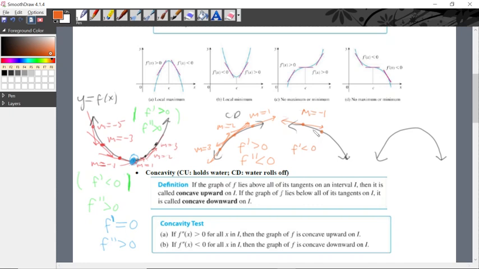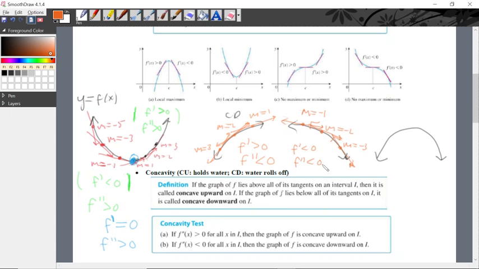And then if we move out further along to the right, the slope of the tangent line is more negative. It is decreasing at a faster rate. So let's say m is equal to negative 2. And move out even further, it gets even more steep. So here we have m is equal to negative 3. So the first derivative is decreasing again. That is, the rate of change of the first derivative is negative along this branch.